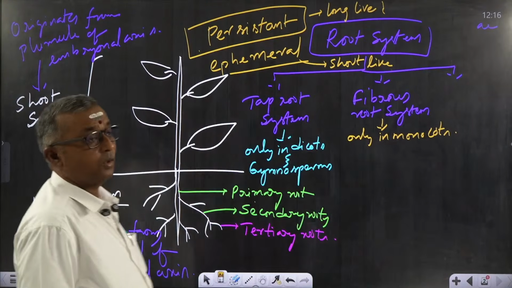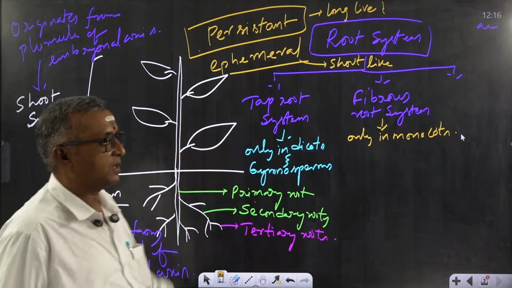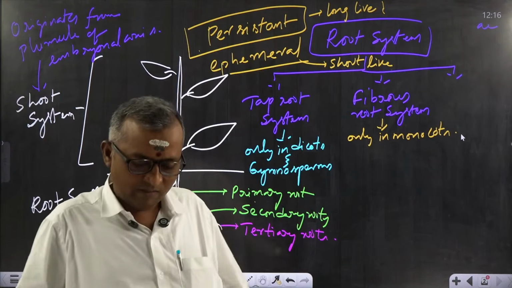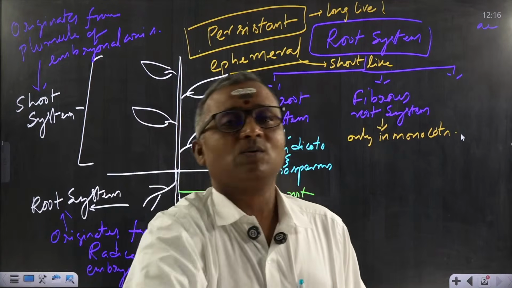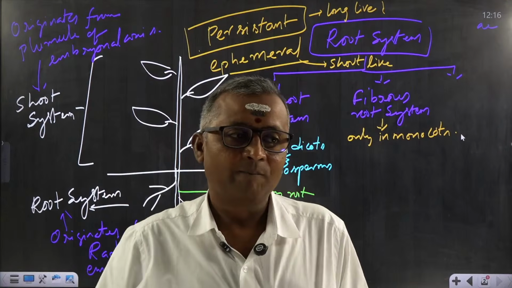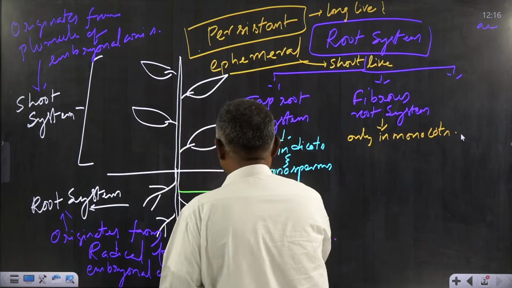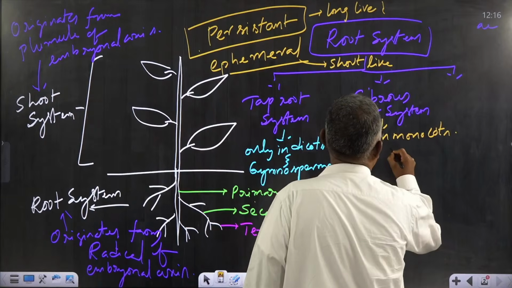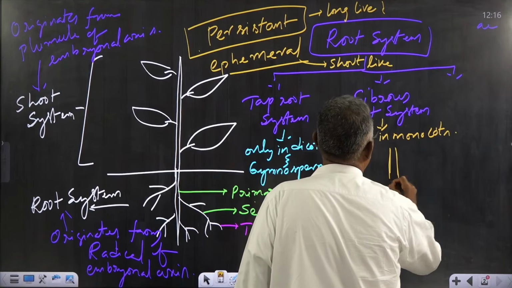Dicots don't have a fibrous root system. Very simple, very easy to remember. No dicot contains a fibrous root system. Be clear, only monocots have it. So, in this case, this is the main stem.